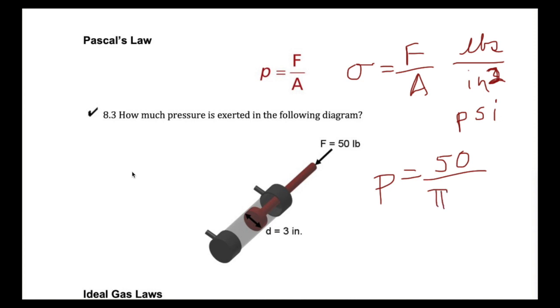What's r? Well, the diameter was 3, which means the radius is going to be 1.5 inches. And don't forget to square it. A lot of people forget to square it, and that would be a problem. If you check the math, I think it should be like 7.1 psi for that problem.